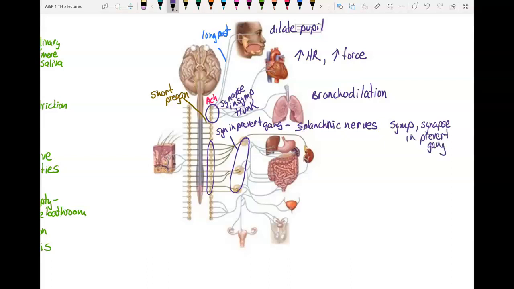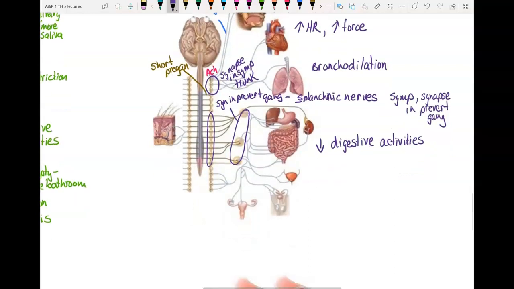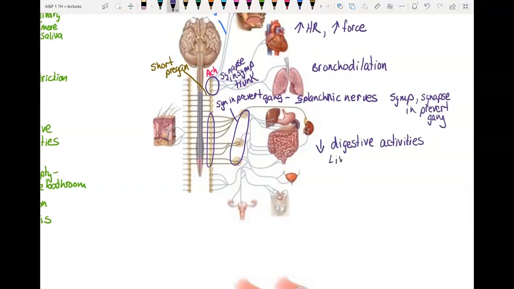So we have the digestive system. We're going to decrease digestive activities. If you're in an emergency or you're really active, you can't divert your blood and your energy to digesting food. So you inhibit that. We also have the liver and the adipose. They store nutrients. You'll recall that the liver stores glycogen and the adipose stores your lipids.